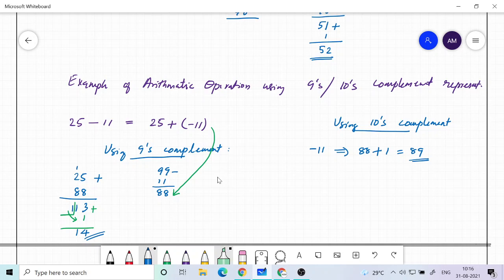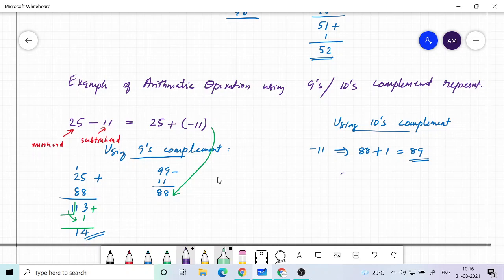So now what we have to do, same procedure, add the 10's complement to the original first number. Okay, so this is usually called, they have some names, probably you know, this is called minuend, and this is called the subtrahend. Okay, so minuend minus subtrahend. So now what we do, we take the 10's complement of minus 11, which is 89, and then basically add.